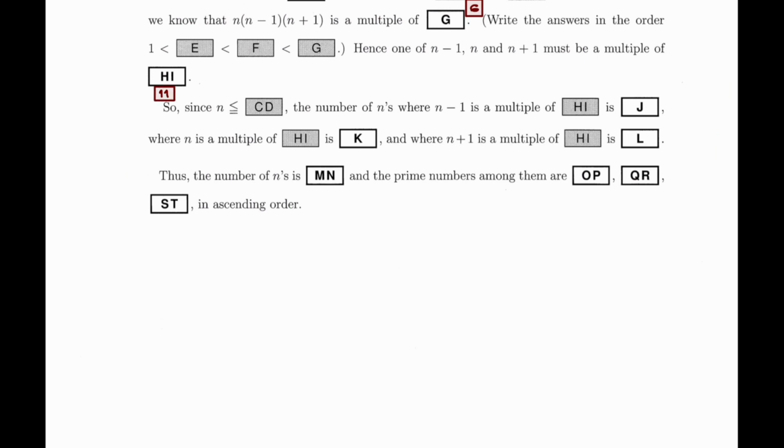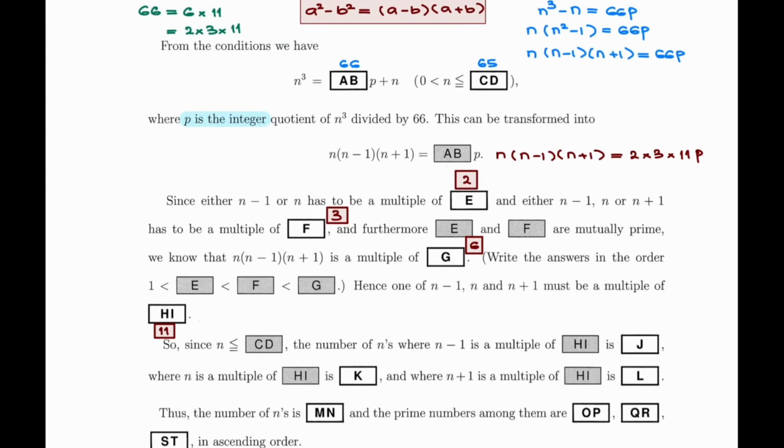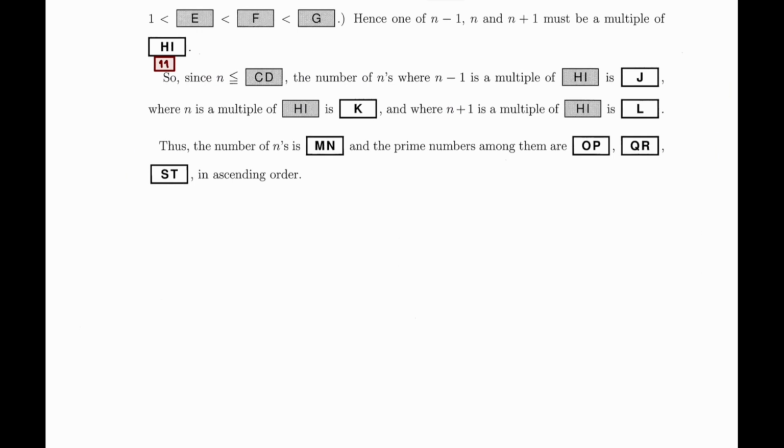And then, since n is less than or equal to CD, what is CD? CD is 65. The number of n where n minus 1 is a multiple of hi, which is 11, and so on.